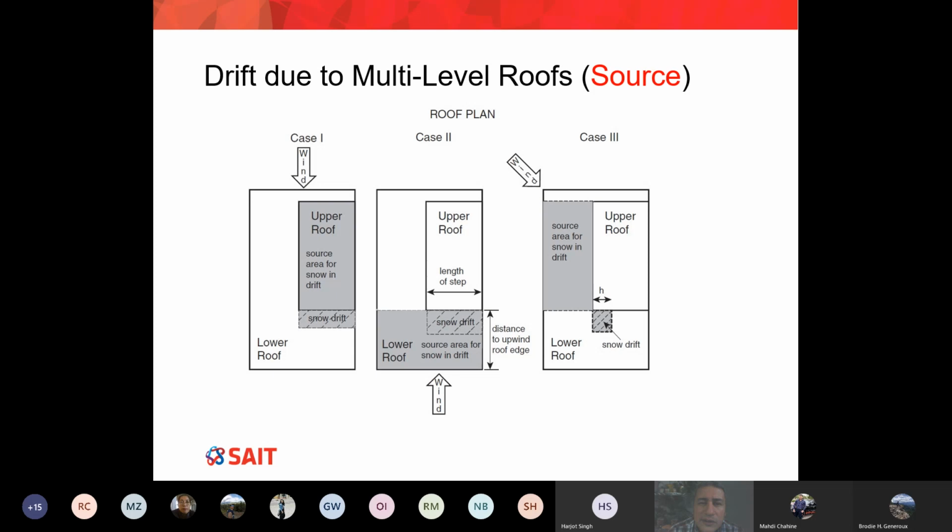However, there was probably some research on how to find the snow, and they said, okay, let's come up with the source and refine our procedure to find the snow on a multi-level roof. Again, all I want you to understand from this picture is what the source is. The source can be the upper roof, or it can be a different portion of the lower roof.